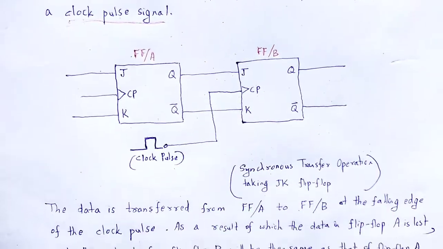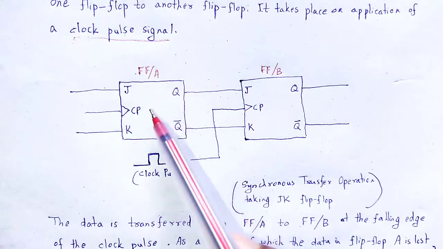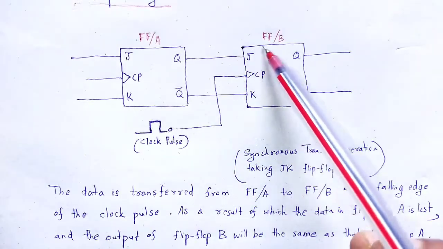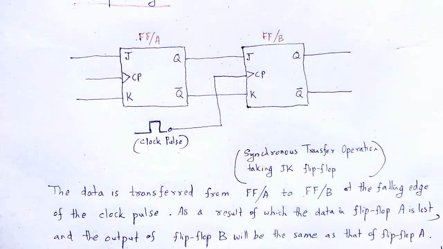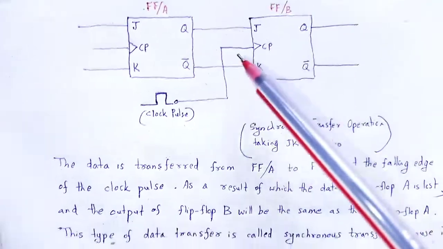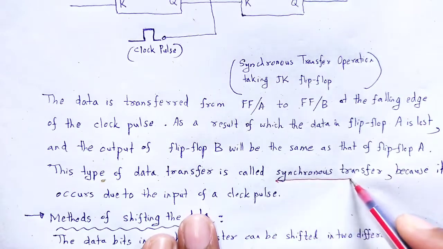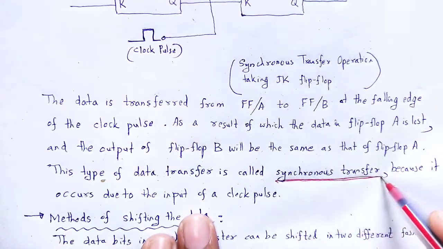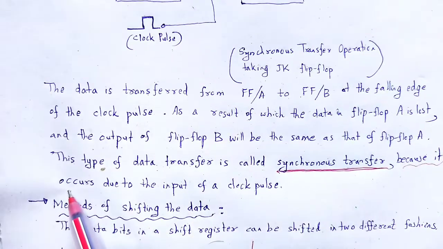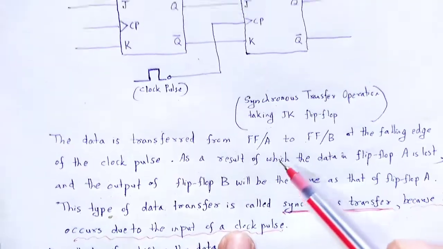As a result, the data in flip-flop A is lost, and the output of flip-flop B will be the same as that of flip-flop A. This type of data transfer is called synchronous transfer, because it occurs due to the clock pulse.